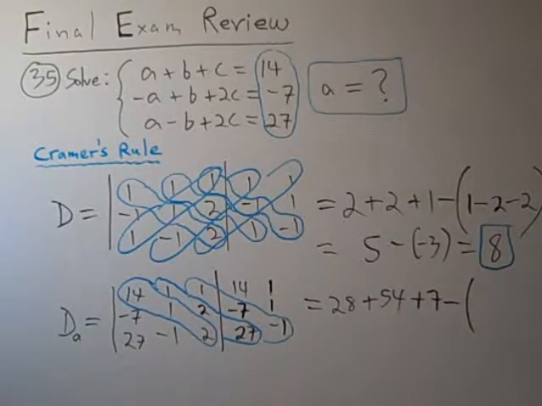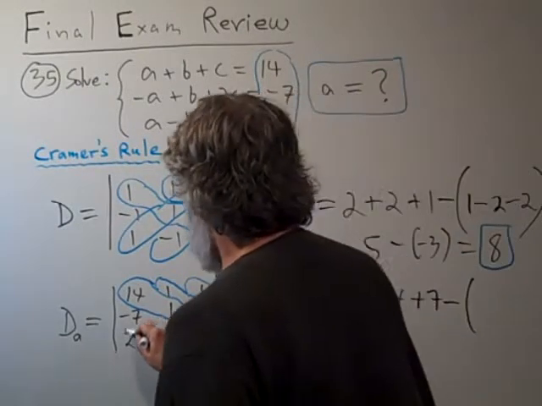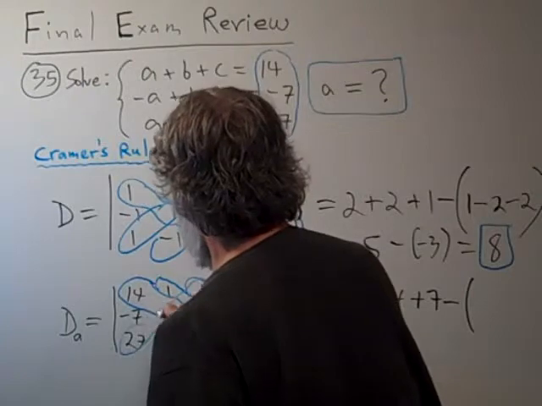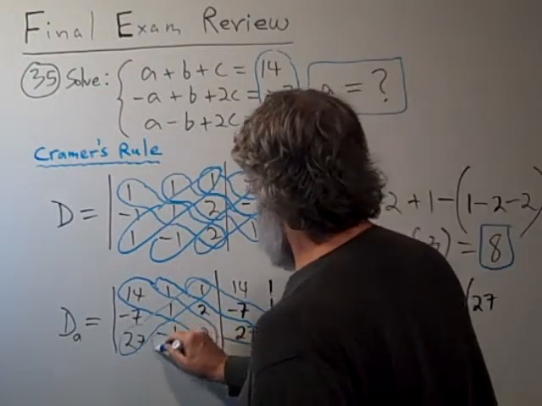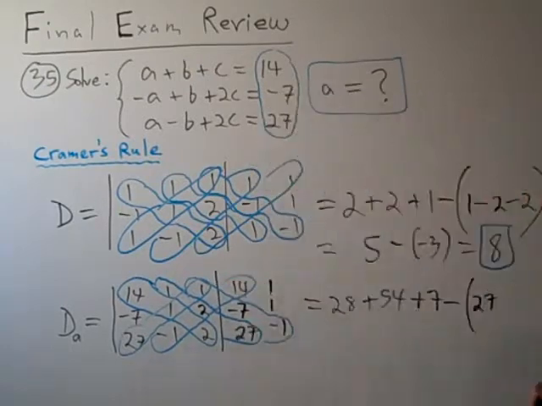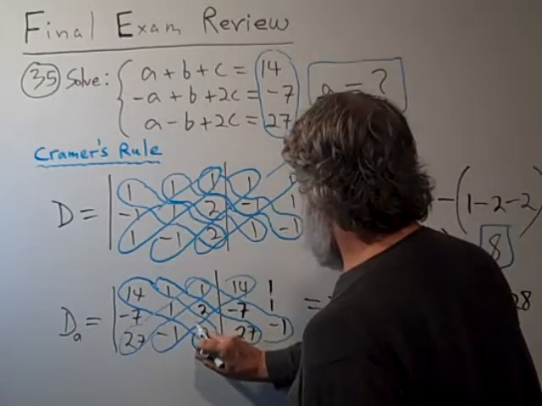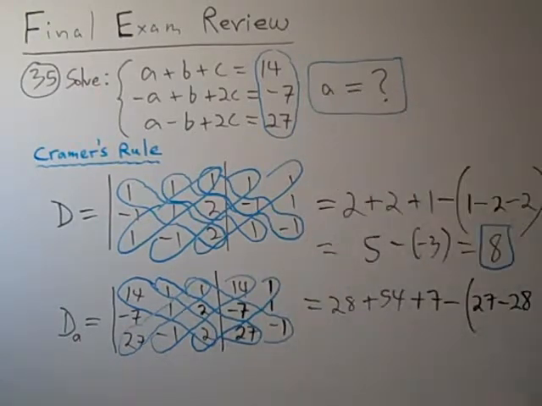And then we subtract the diagonals going the opposite direction, which is 27 times 1 times 1, that's 27. -1 times 2 times 14 is -28. And finally 2 times -7 times 1, which is -14.